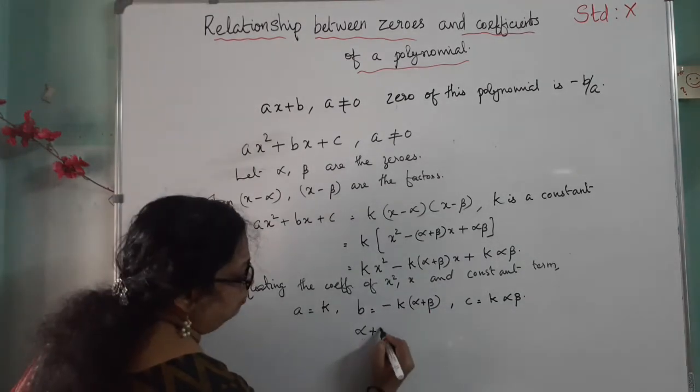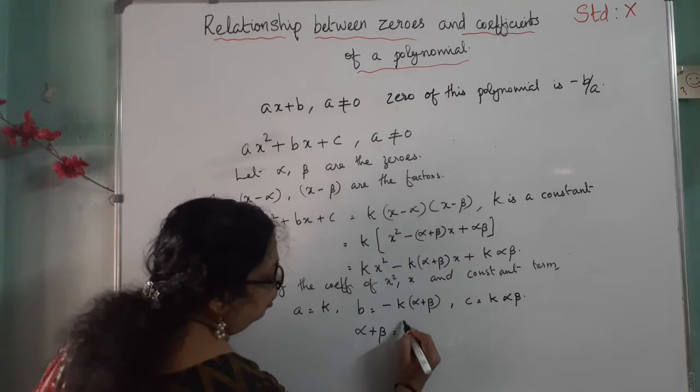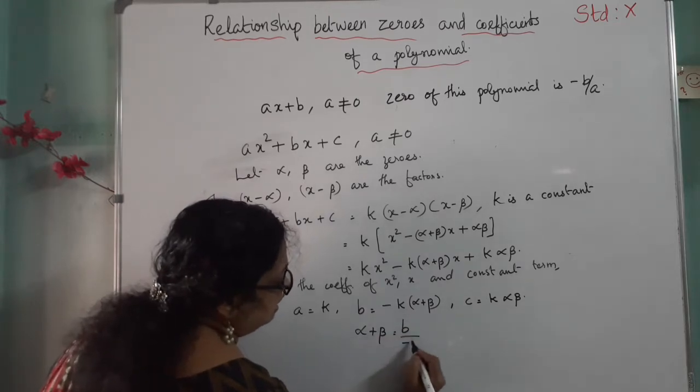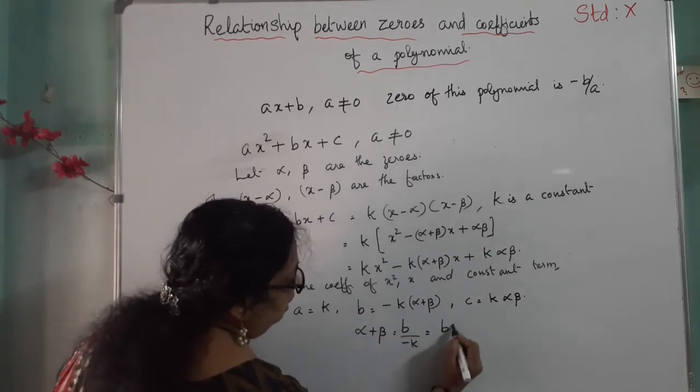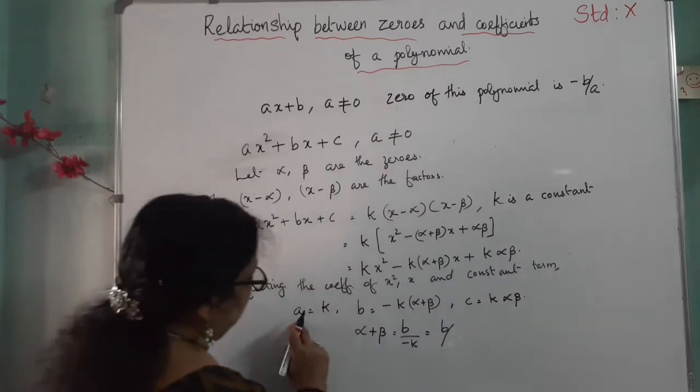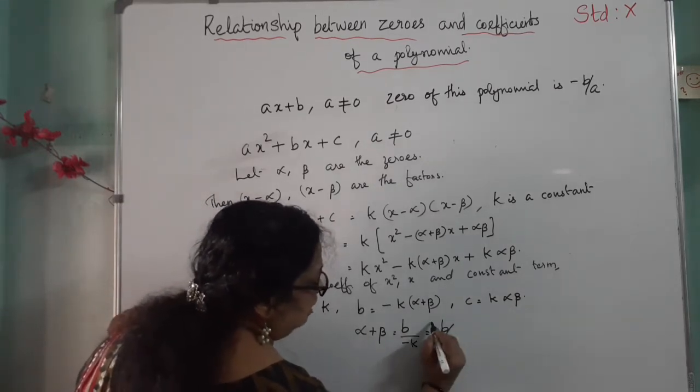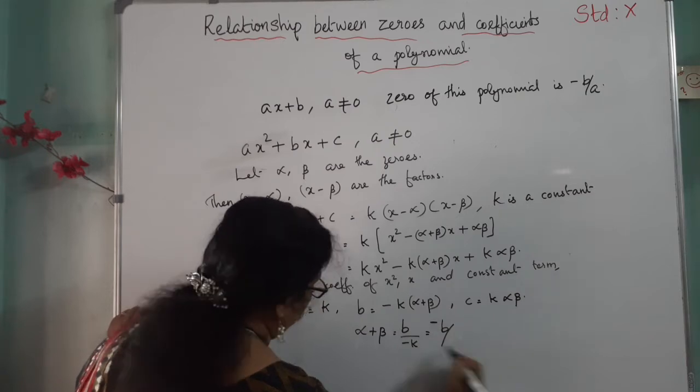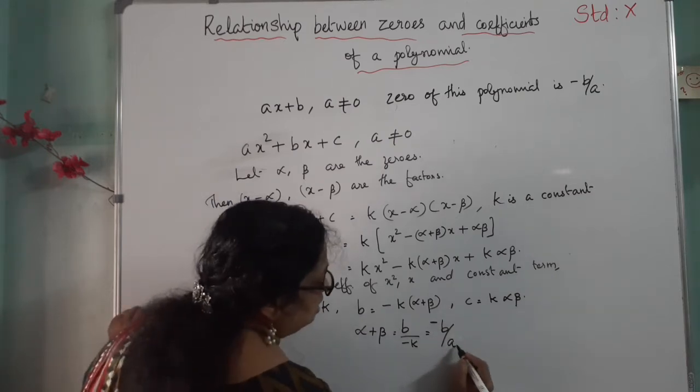So we can write alpha plus beta is equal to b by minus k, that equals minus b by k, and k is a, so minus b by a.